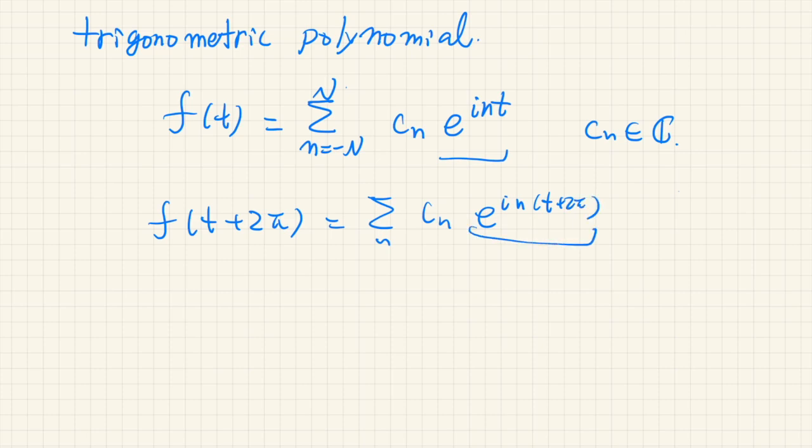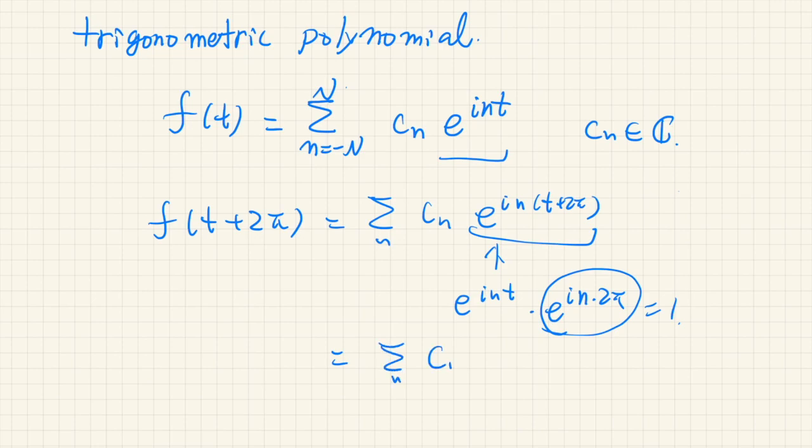But let's consider only this part, e to the i n t times e to the i n 2 pi. But this one is equal to 1. So this is equal to c_n e to the power of i n t, which is equal to f of t. So 2 pi is indeed a period of this function, irrespective of these coefficients c_n.